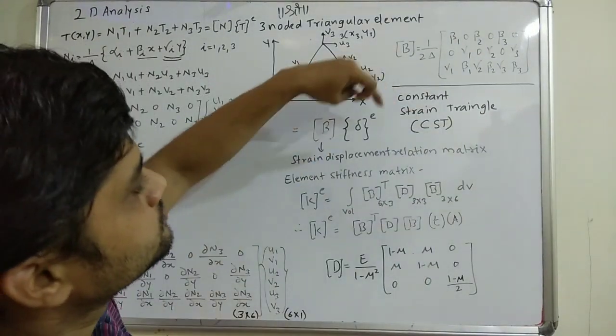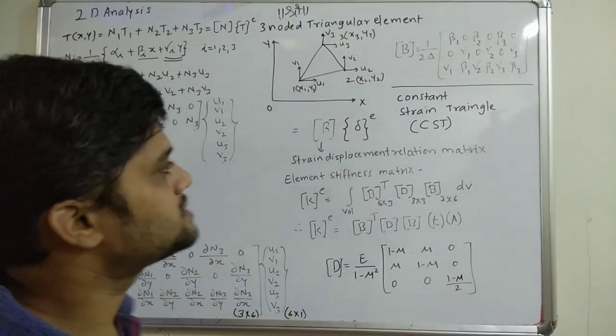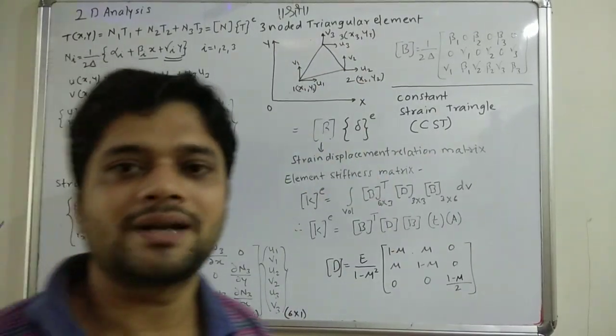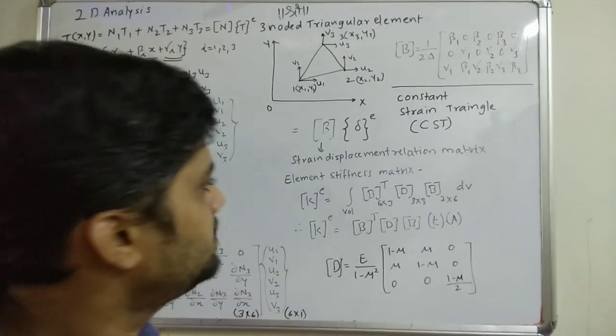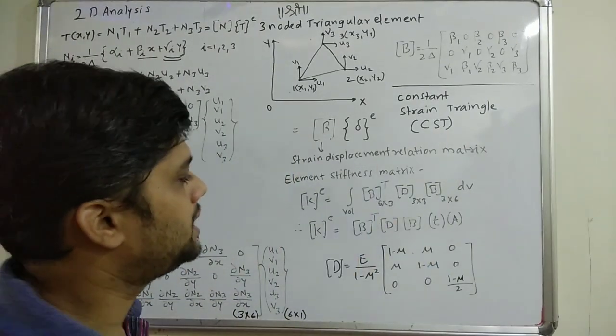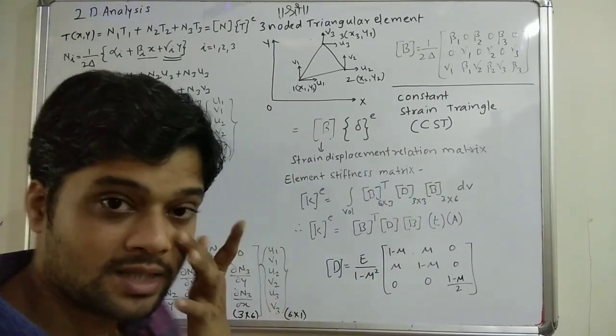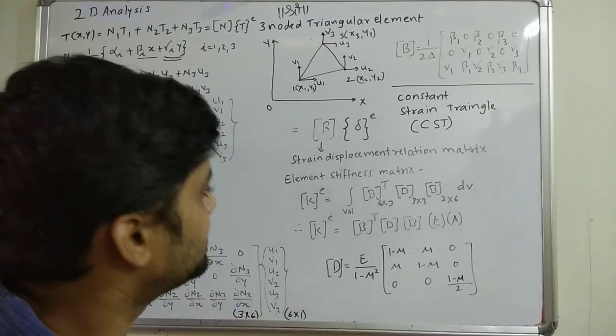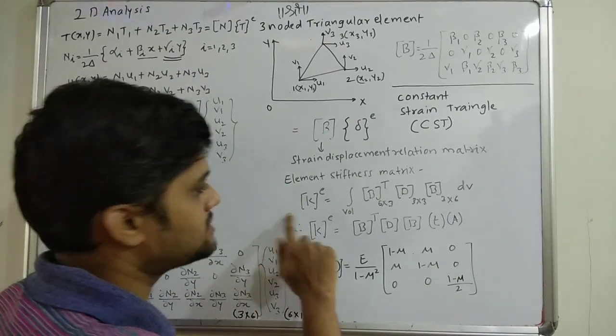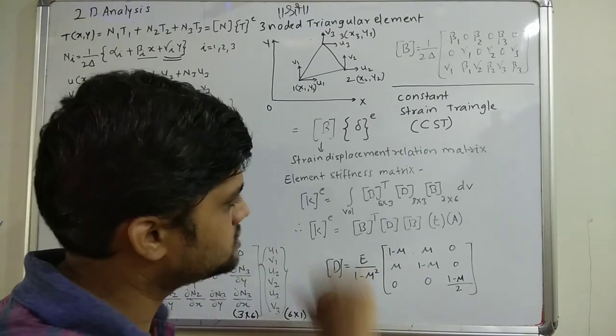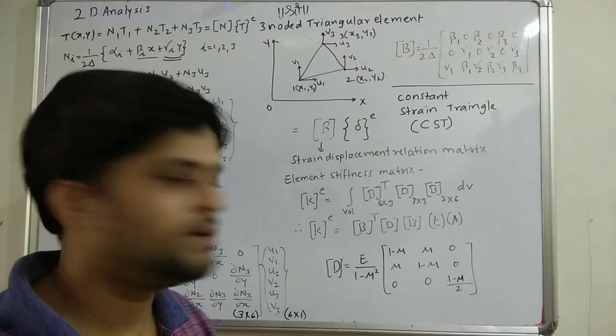So when we continue our discussion, once we find out the strain matrix, we can go on and try to find out the element stiffness matrix. That is already known to us, and we have also seen this in beam analysis.